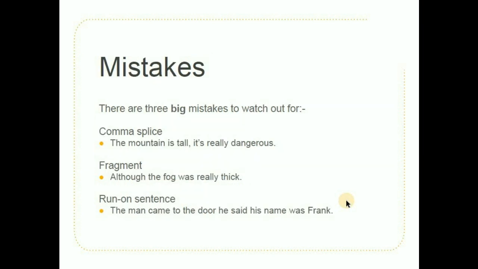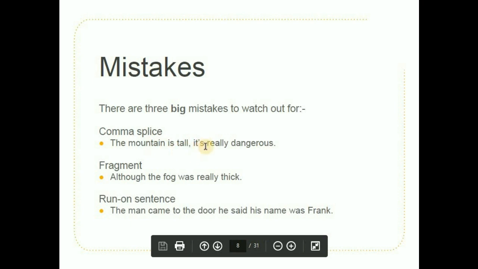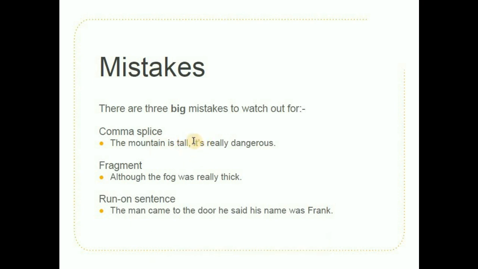There are 3 big mistakes to watch out for when you're writing sentences in English. The first that we'll talk about is a comma splice. A comma splice exists when you have 2 independent clauses and they are joined by just a comma.